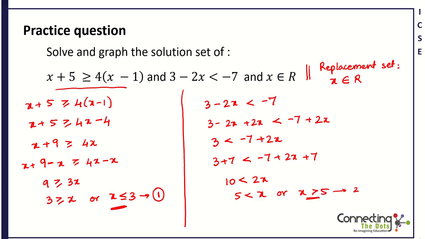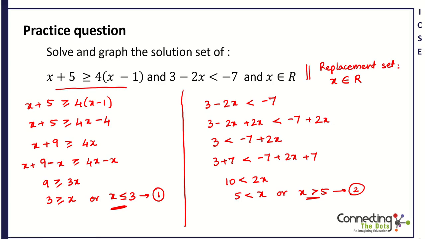Now I would like you to pause the video here and think about how we can find the intersection of these two solutions. Remember, the word and here tells us that whatever solution we finally find must satisfy both inequations.